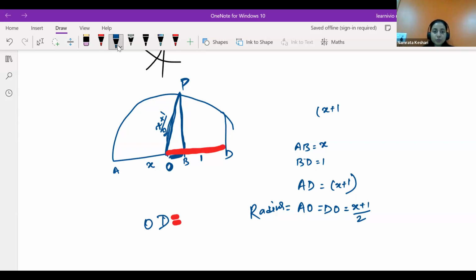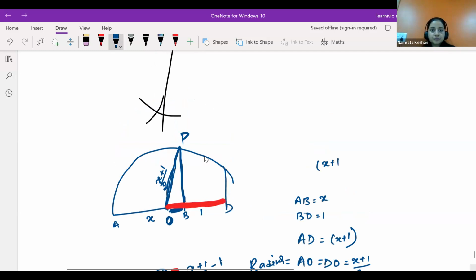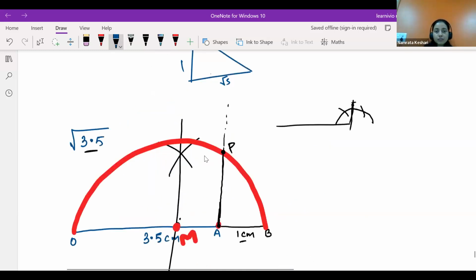So from O to B this is (x plus 1) by 2, and from B to D is 1. BP, this much is root 3.5. Here in our figure, AP is root 3.5. Any confusion?